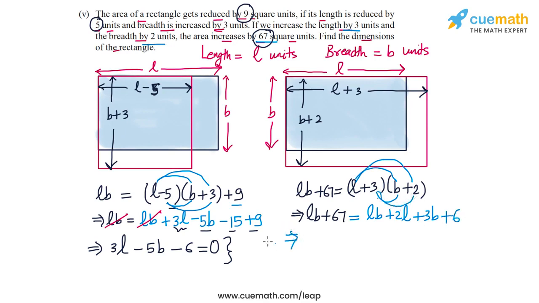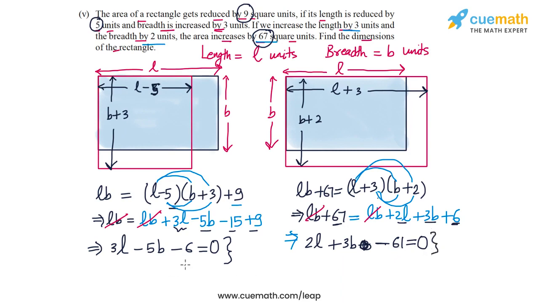And once again the term LB cancels out on both sides, and we are left with 2L plus 3B plus 6 and then minus 67. So we'll have to write it as minus 61 equal to 0. So this is the second linear equation in L and B.